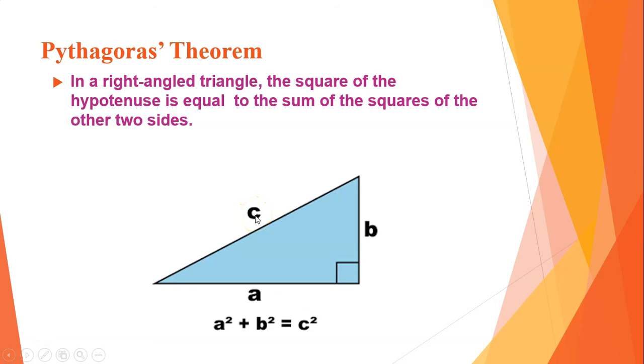That means this becomes the hypotenuse, this side is the base, and this side is the height. So I can say hypotenuse square is equal to the sum of the squares of the other two sides. So a square plus b square is equal to c square, because c square is the hypotenuse.